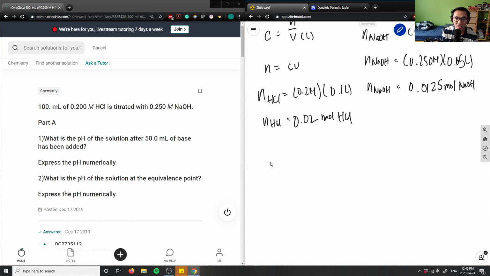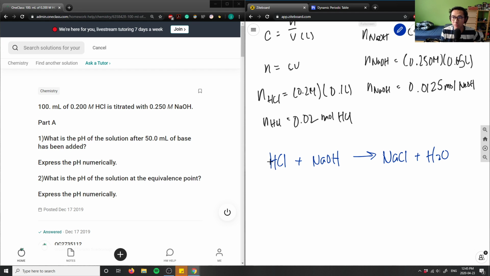So we have HCl titrated with NaOH, right? So we have HCl plus NaOH, and this is an acid-base neutralization reaction. It will give us NaCl, which is our salt, plus H2O, which is our water.